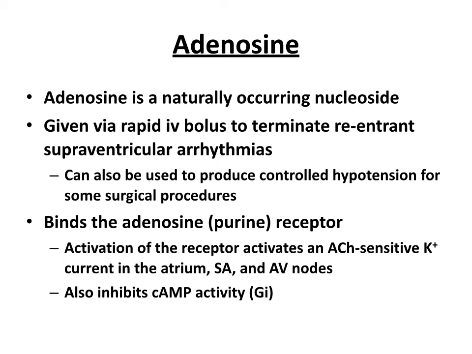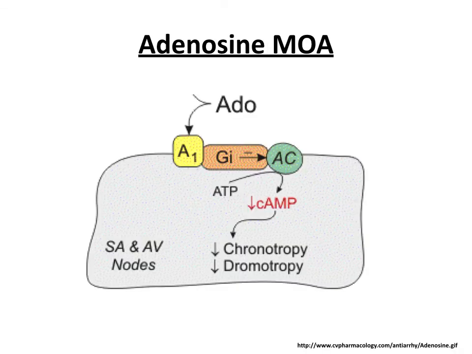It's also coupled to Gi, so you're going to inhibit cyclic AMP second messenger signaling. Super big picture, you can almost think of beta blockers in reverse. You're activating the adenosine receptor, the purine receptor, and that guy couples to Gi.